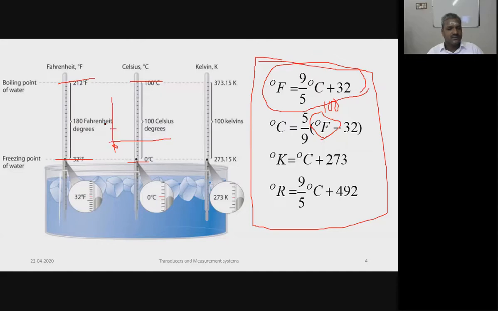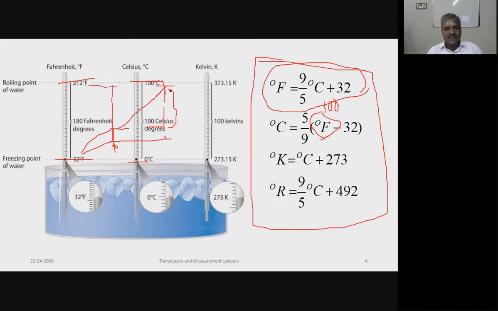When it is 100 degrees Celsius, it is 212. So you draw the line and take the simple slope, delta y by delta x. This value is 212 degree Fahrenheit and this value is 32 degree Fahrenheit. This difference is 180 degrees.